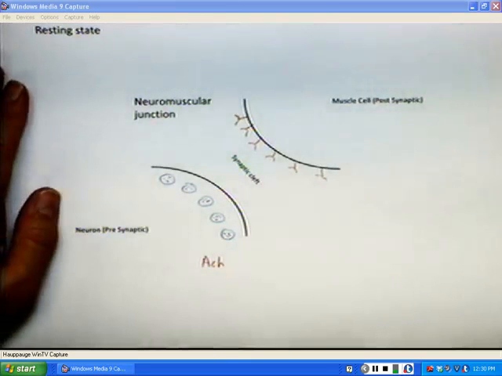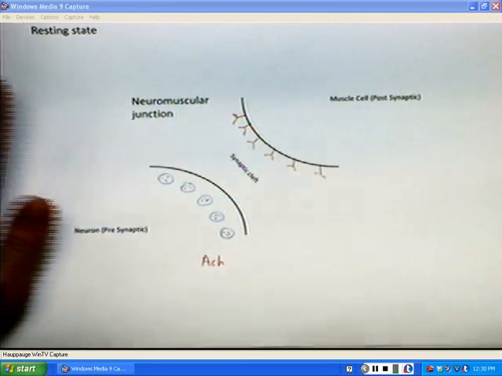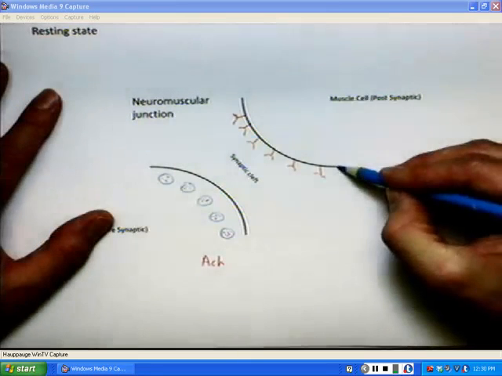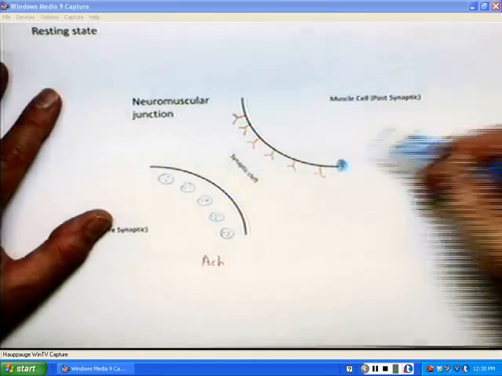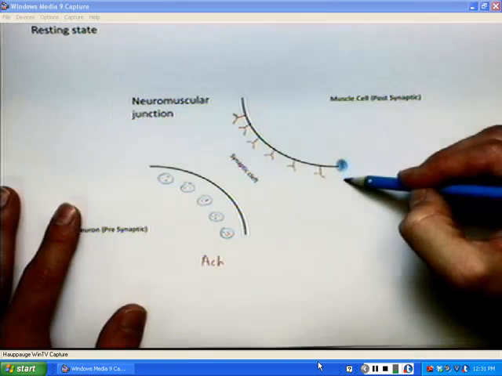Now, when the cell is ready to get back to resting state, after it's contracted and it needs to reset itself, there is a protein that kicks on called the sodium-potassium pump. The sodium-potassium ATPase pump is there to reset the concentration gradient necessary for diffusion to occur of the concentrated ions that we need to discuss.